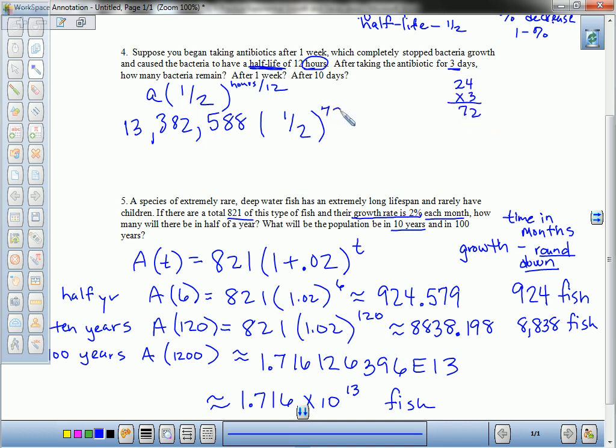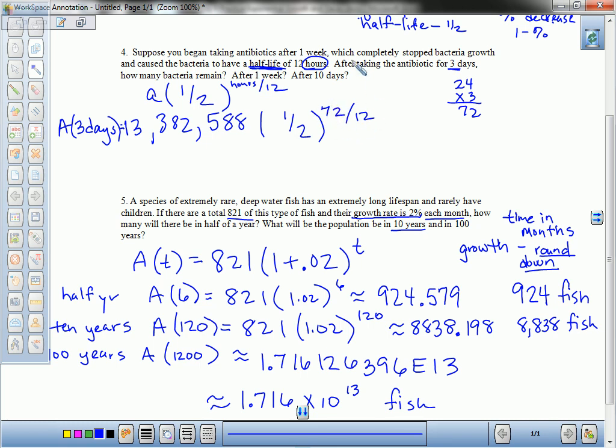So in this case, we'd have 72 divided by 12. Okay, so what is 72 divided by 12? 6. So that means we take half 6 times.